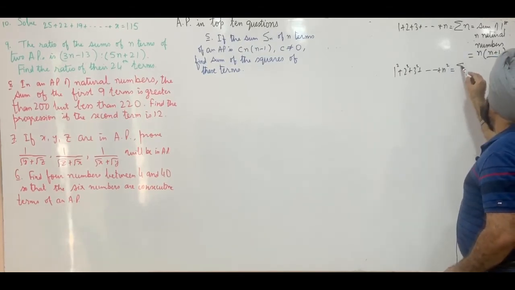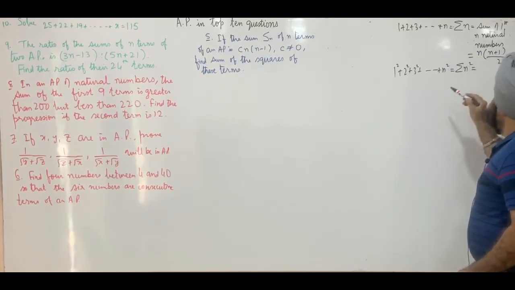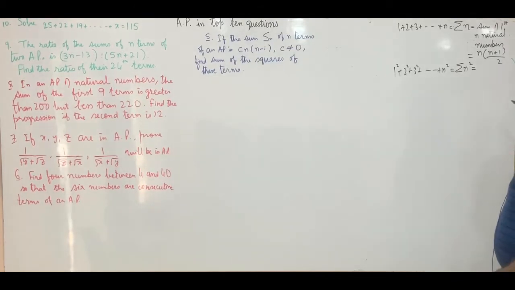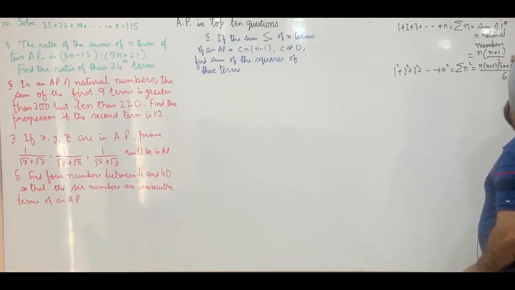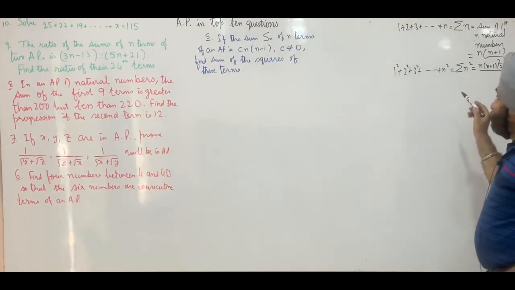This is written sigma n square. This is sum of squares of first n natural numbers, and it's n into (n plus 1) into (2n plus 1) upon 6. So we have to learn these formulas.